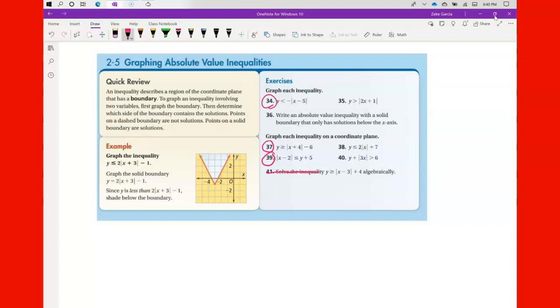You don't have to do 41 because I didn't teach that. So I'm going to do 34, 37, 39. And you are going to be required to do problems 35, 38, and 40. Okay. So let me go ahead and graph this in Desmos.